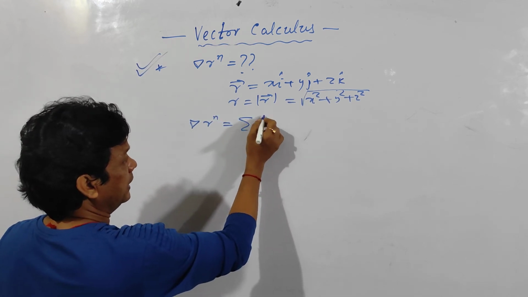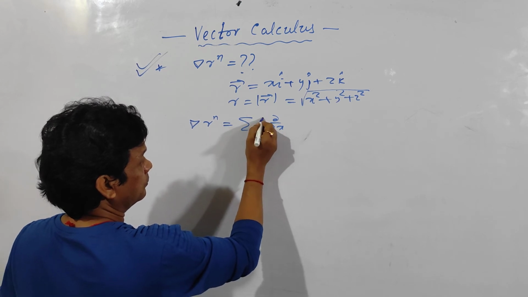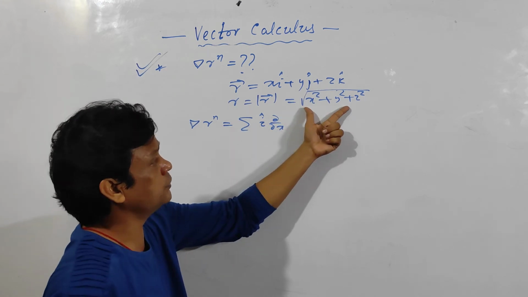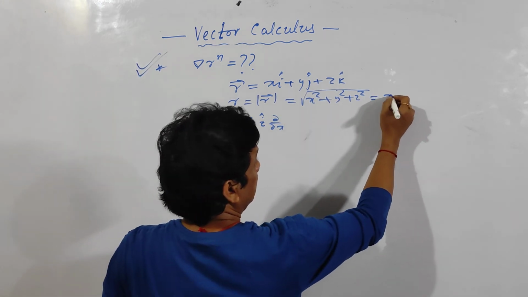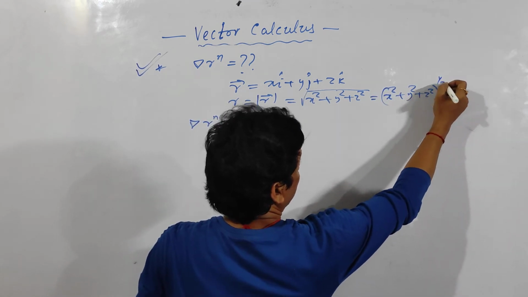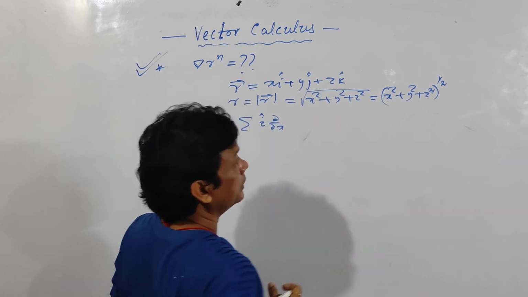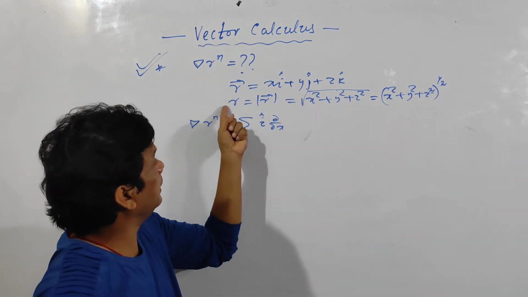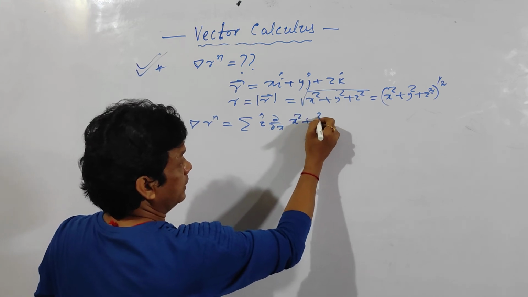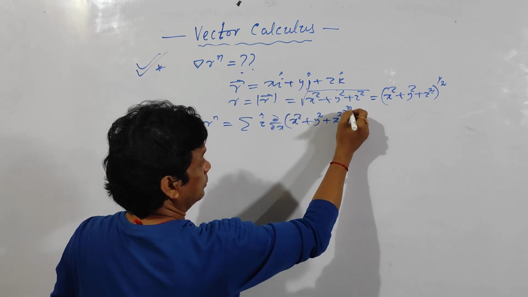Grad means summation i cap del by del x. I have told you. This is the formula for grad and r to the power n. r is this one, that means it is x square plus y square plus z square to the power 1 by 2. And if it is r to the power n, it will be n by 2. So that means x square plus y square plus z square to the power n by 2.